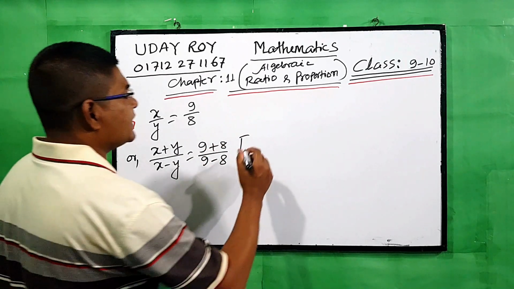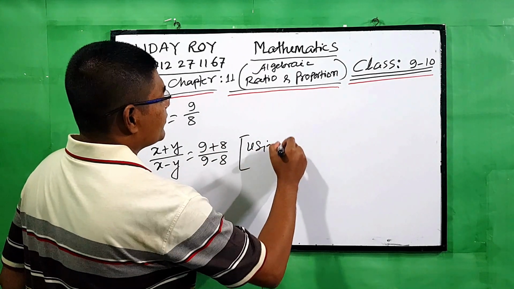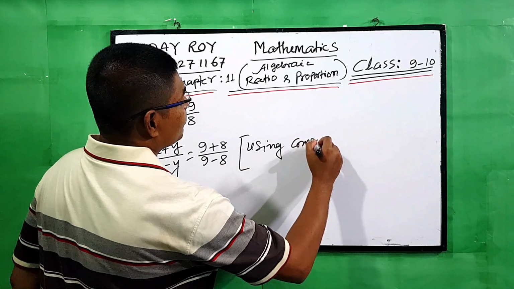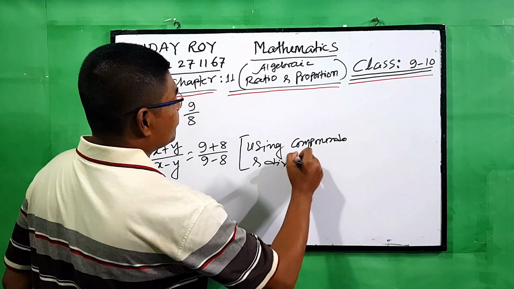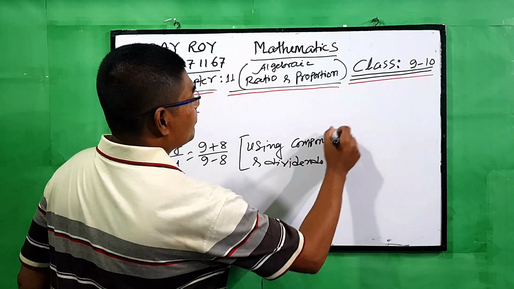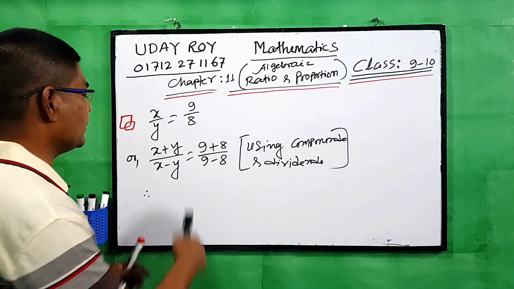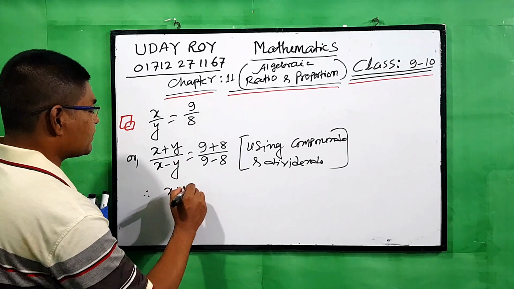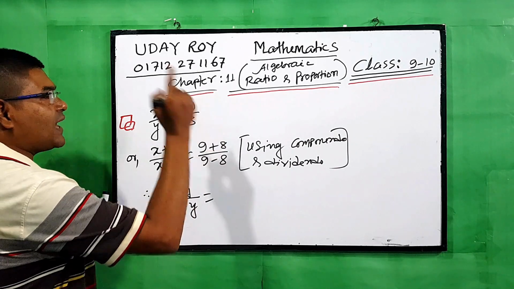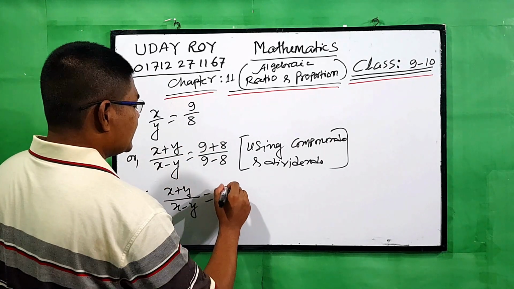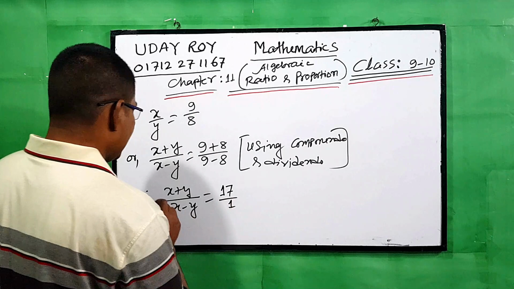You have to write using componendo and dividendo. We will get x plus y, x minus y; 9 plus 8, we will get 17 divided by 1.